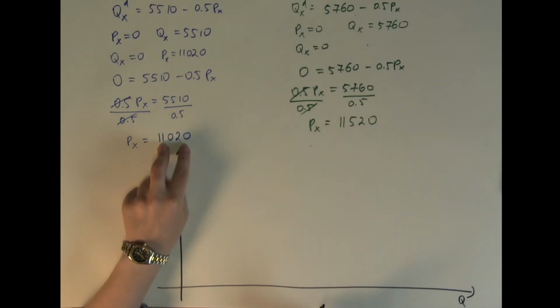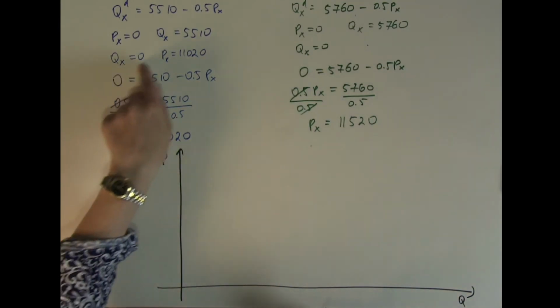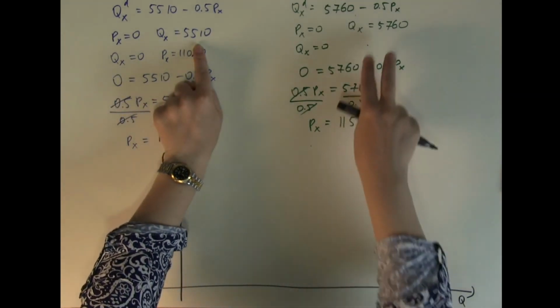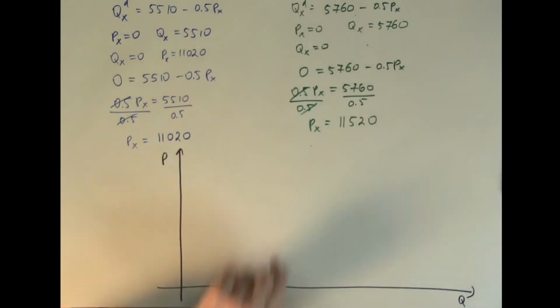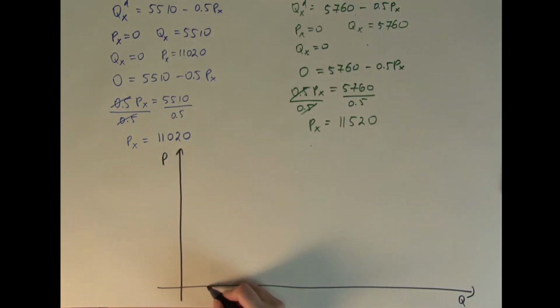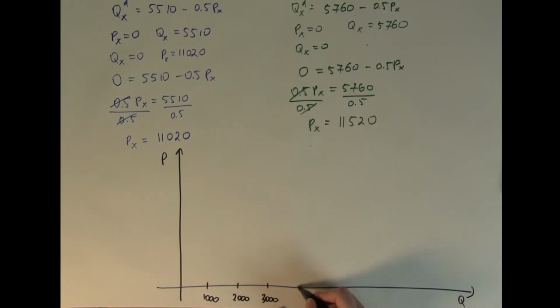But in Q, I'm only going up to 5,500 or 5,760. So in Q, I don't need to go up into such heights. So what I can do in Q, I can choose this to be 1,000, same distance to be 2,000, 3,000, 4,000, 5,000, 6,000.